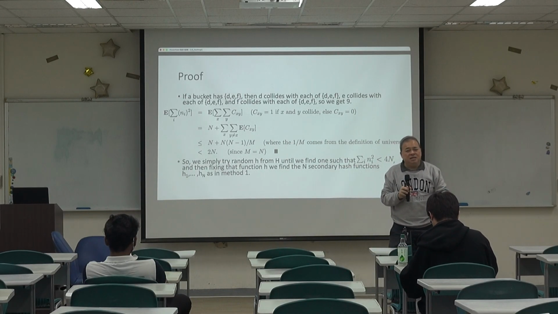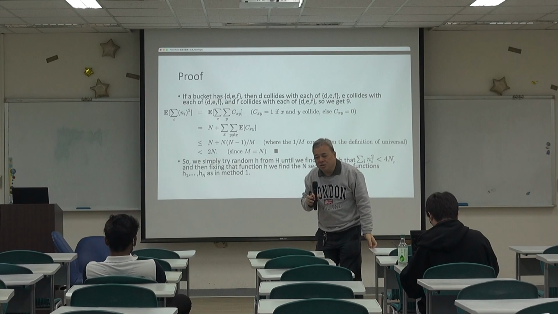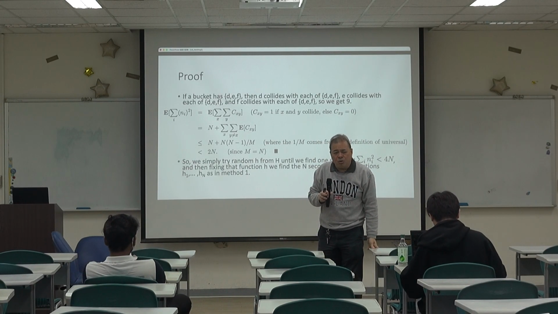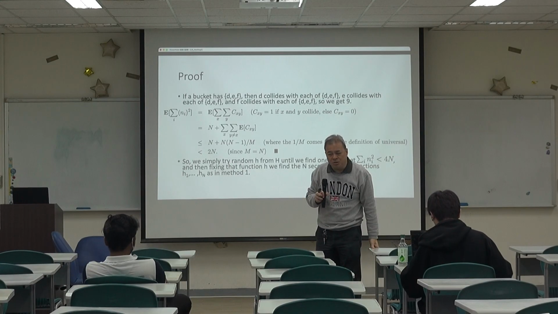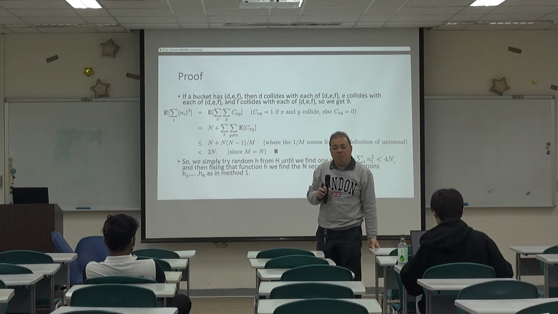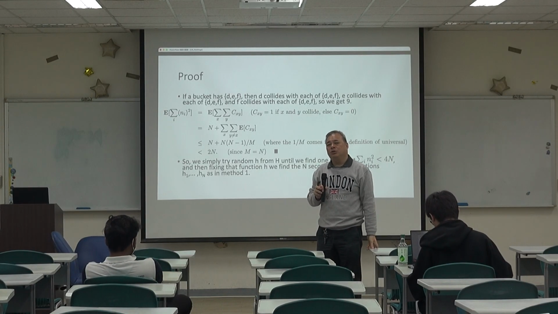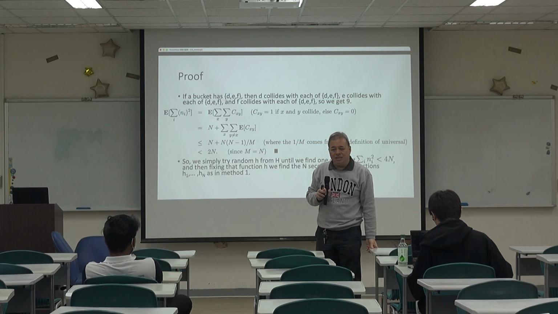We are using a universal hash function, right? So according to the property of the universal hash function, the probability for two different keys to collide is 1/n, right?